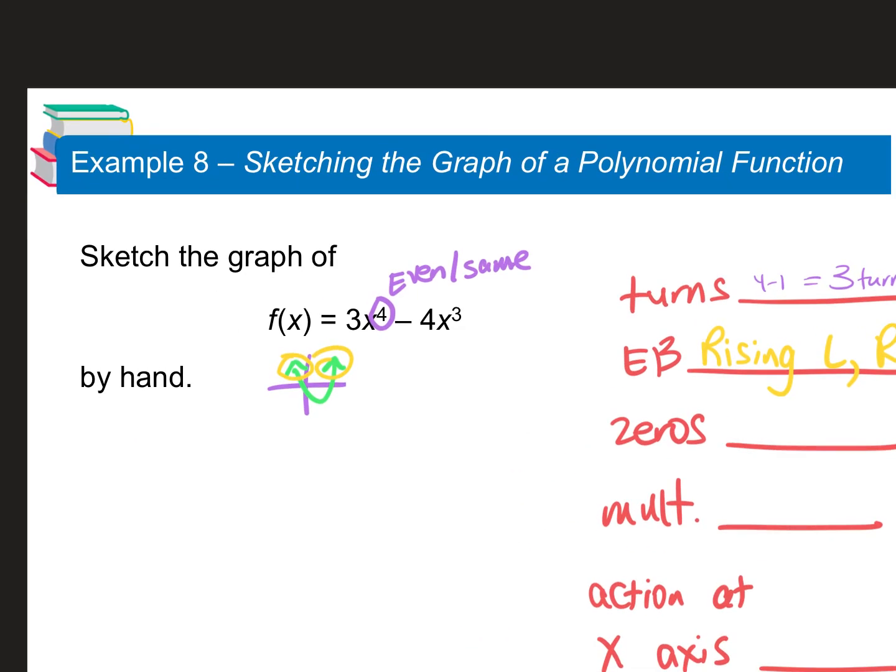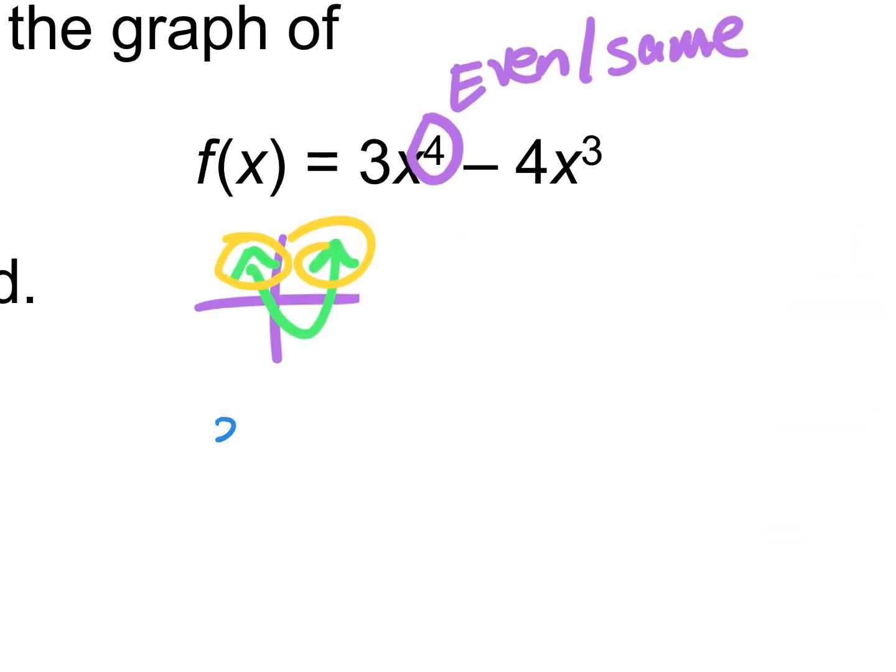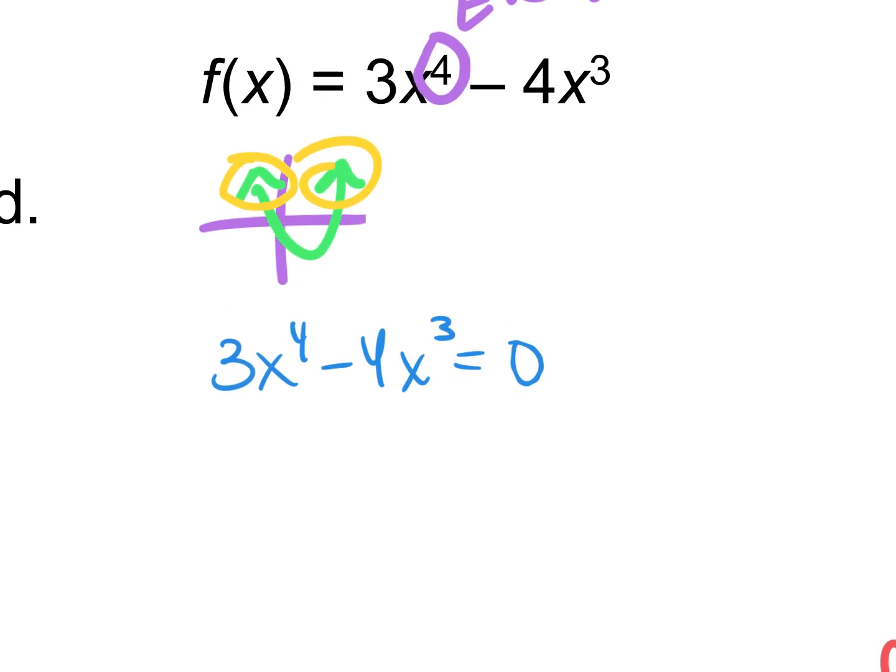It really does. Now to find the zeros, guys, how do we find the zeros? Set the equation equal to 0. So 3x to the 4th minus 4x cubed equals 0. How many answers should I come up with? 4. They may not all be real, but I should come up with 4. So as we go to factor this and to solve it, what do I take out? I take out x cubed, right?